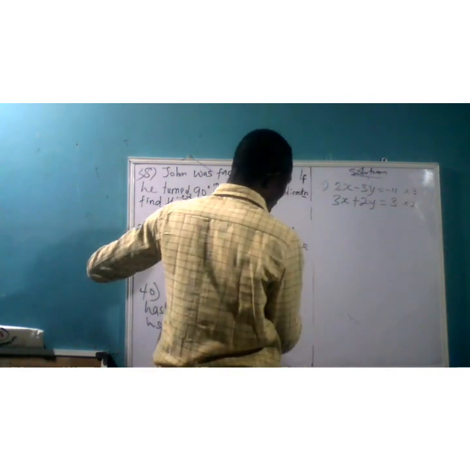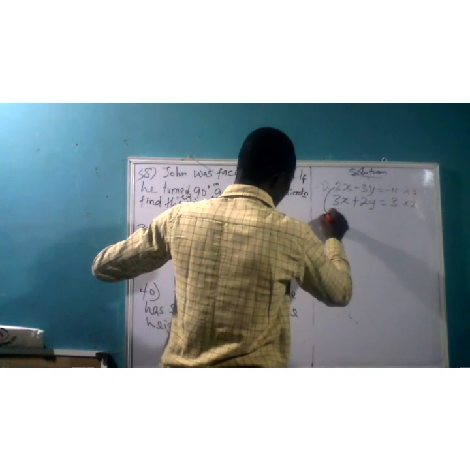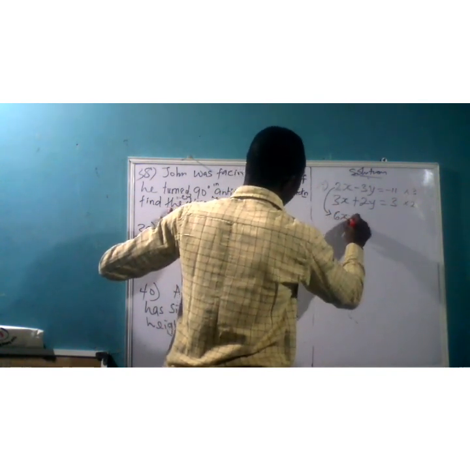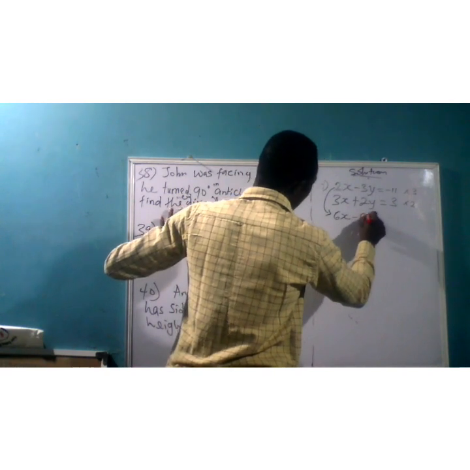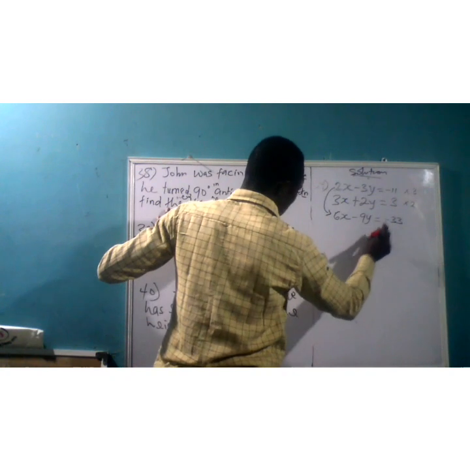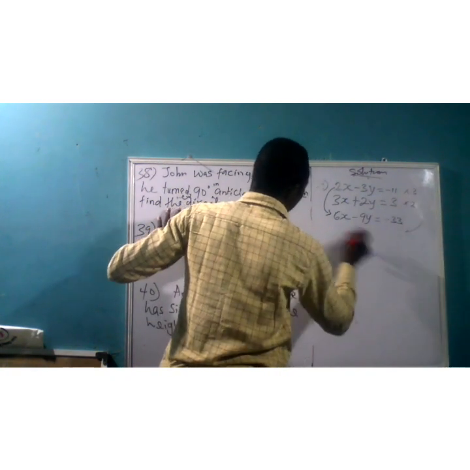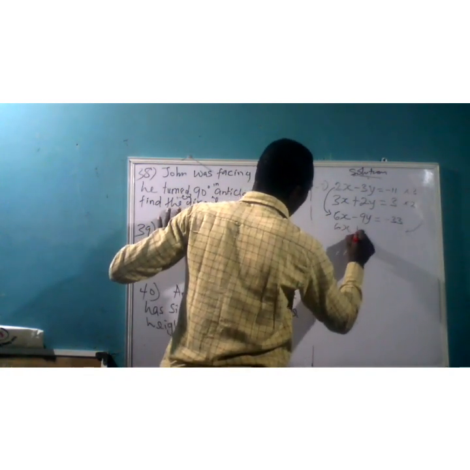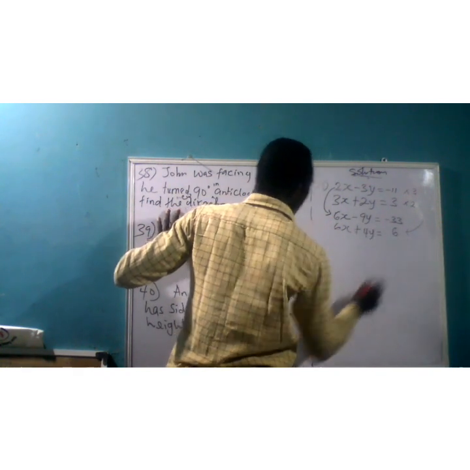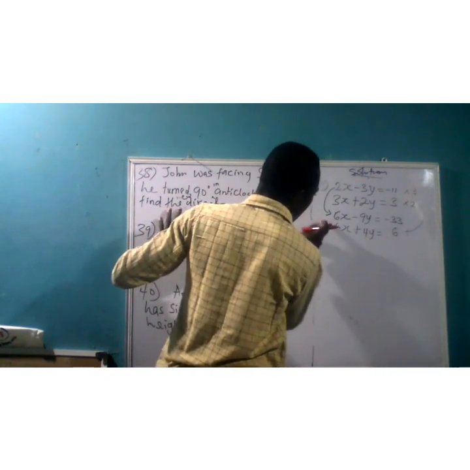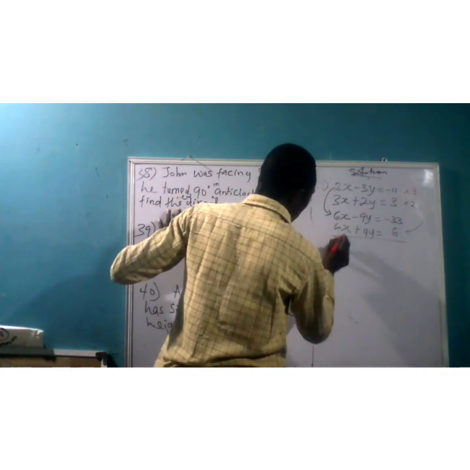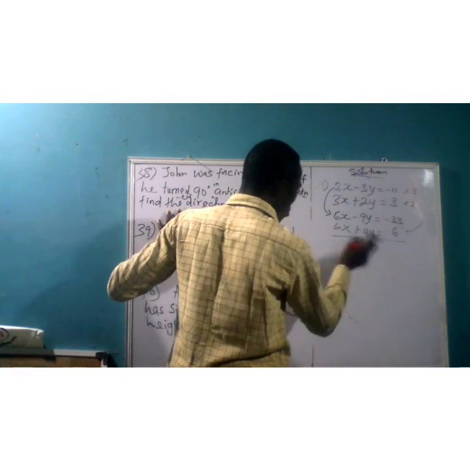Okay, and if you do that, the first equation will be 6x minus 9y equals minus 33. Then the second equation will become 6x plus 4y equals 6. Okay, and if you subtract this equation from this, that will give you 6x minus 6x, that will be 0.